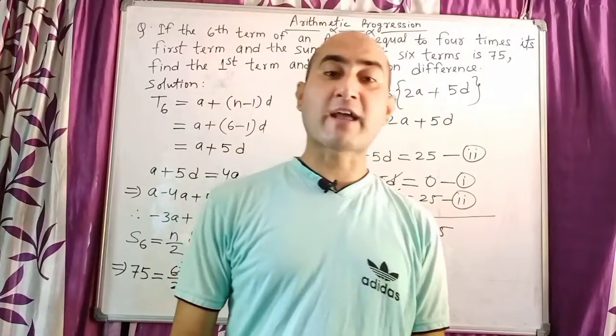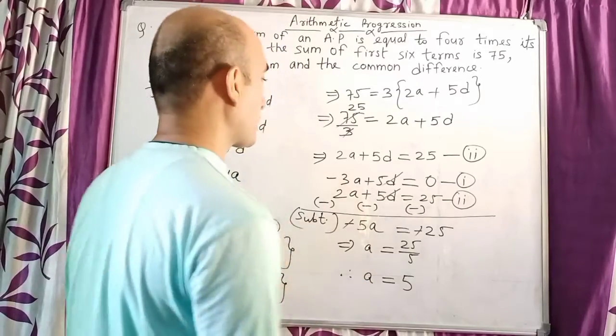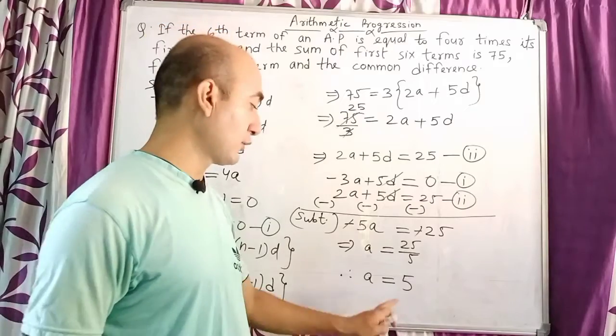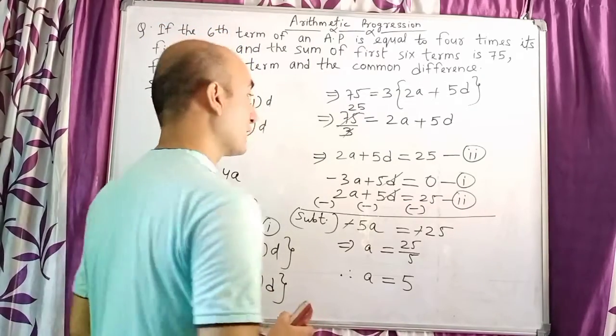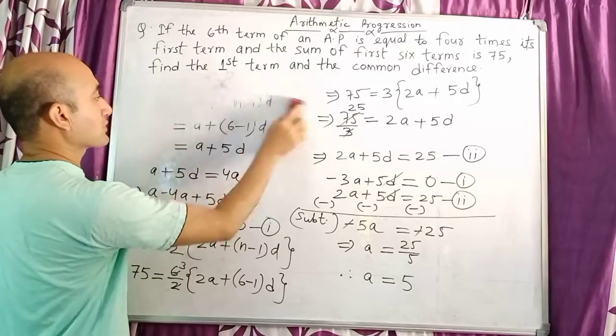Now to find the value of d, I will put this value of a in equation 1. My equation 1 is here. So if I put the value of a in equation 1, I will get the value of d. So now to find the value of d, I will erase the other remaining portions.